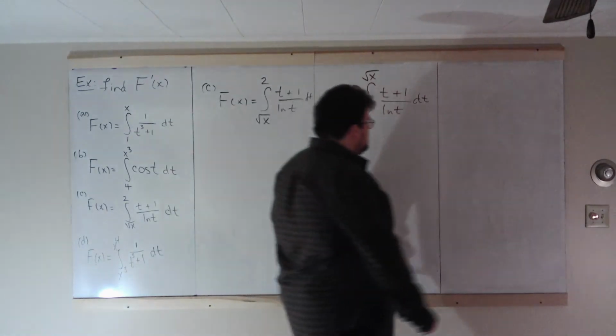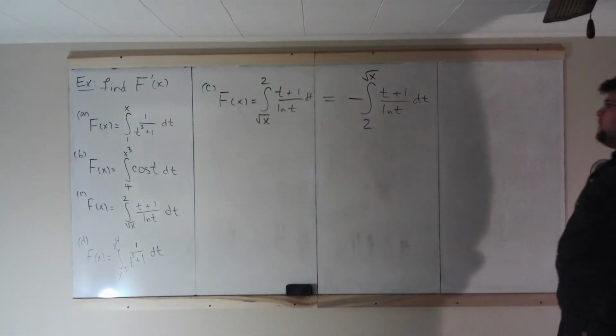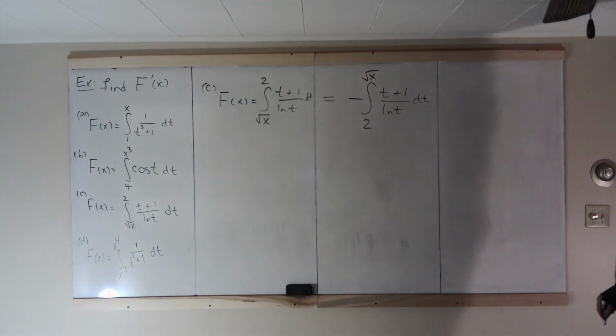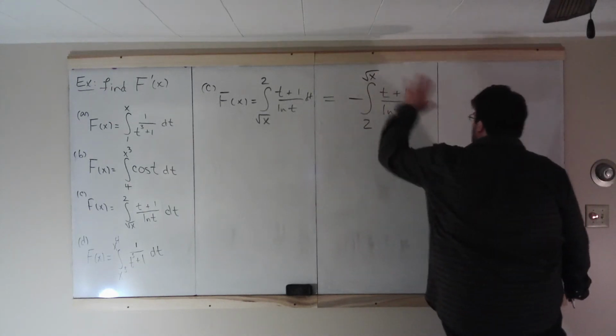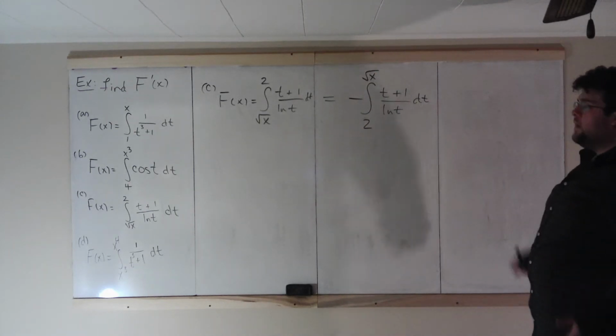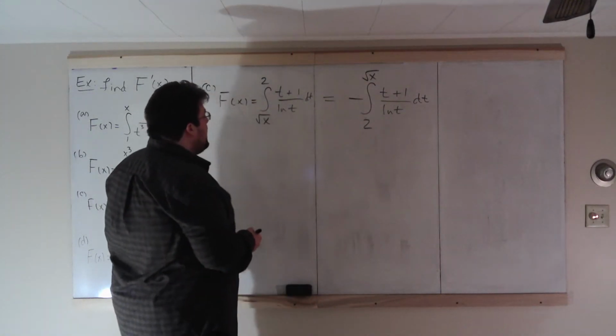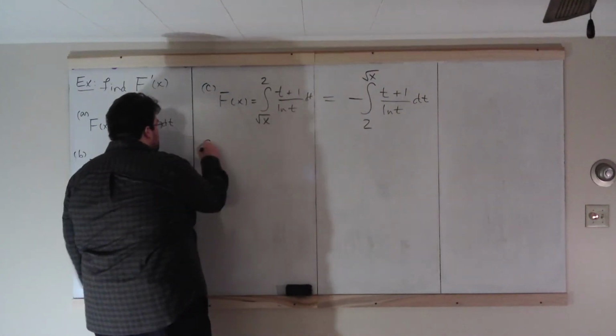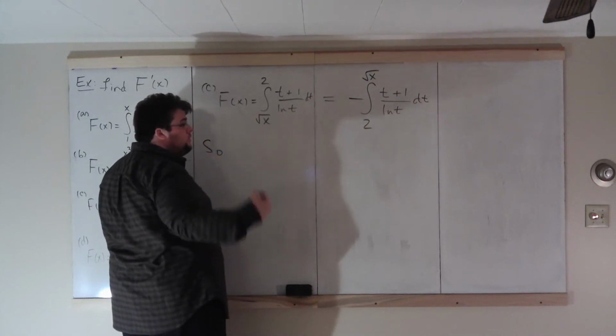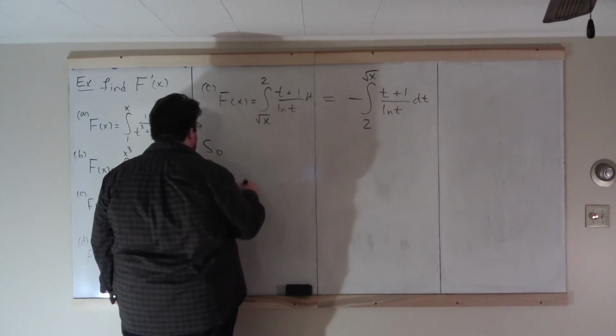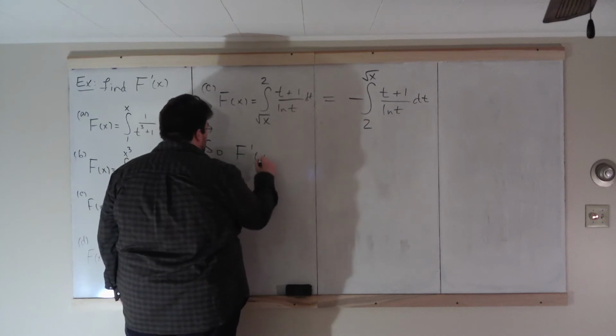And because negatives will just carry through in the derivative, we can now take the derivative of this integral using the first part of the fundamental theorem of calculus, and then carrying the negative. Up there we have a function with more than just an x. We have a root x. So you could do u equals root x and follow as in part B. I'll just say the answer.